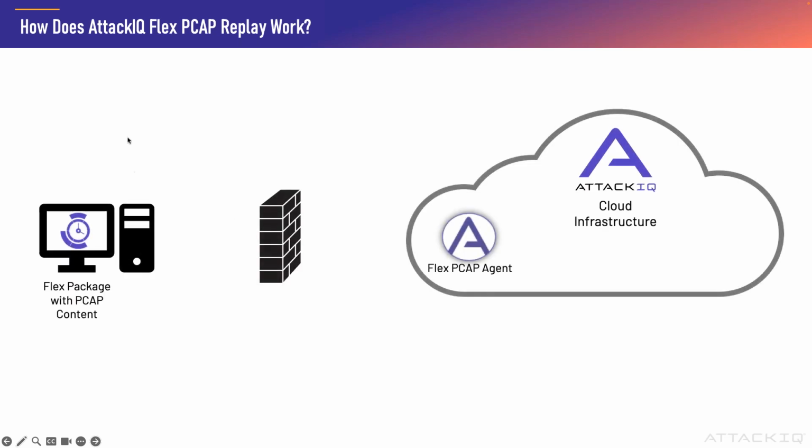And then on the how does it work? Well, Flex is very simple by nature, and so is how we've designed this. It's the Flex package you're going to run on the machine. So if we take that next generation firewall one, we're going to run that.